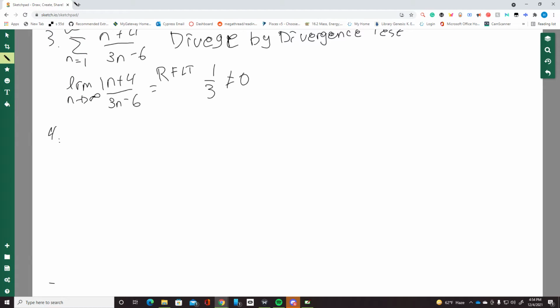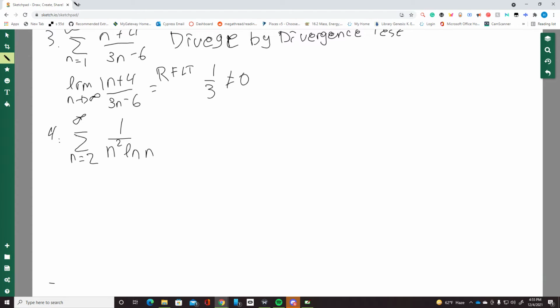let's say we have a different question. Now this will be an interesting one. The sum as n goes from 2 to infinity of 1 over n squared ln n.